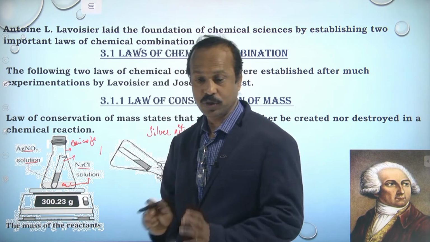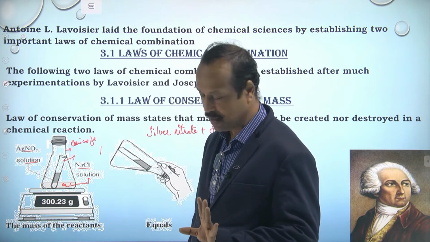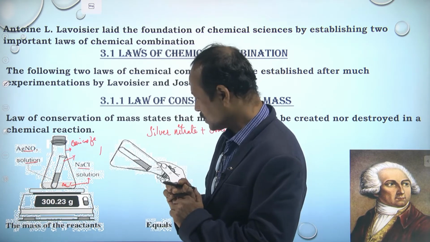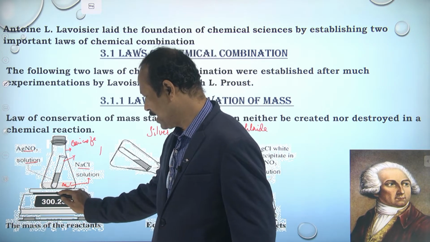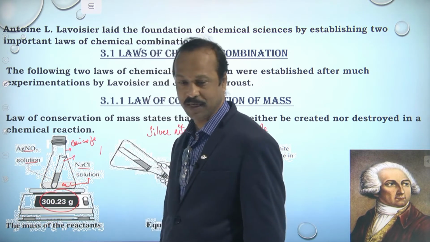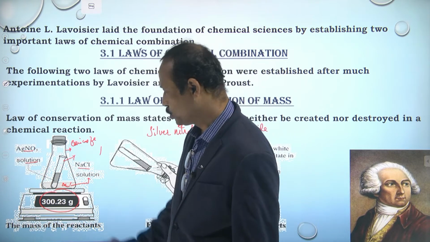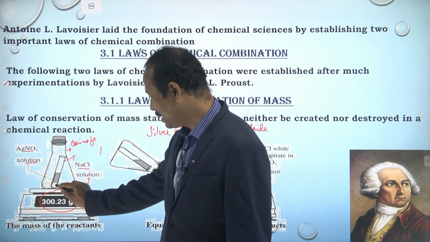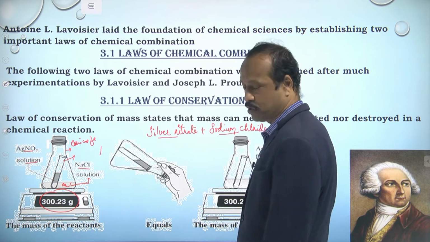Carefully I am measuring the mass. On the electronic balance, I am getting 300.23 grams. Inside are silver nitrate and sodium chloride solutions.